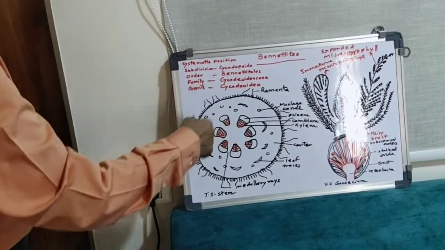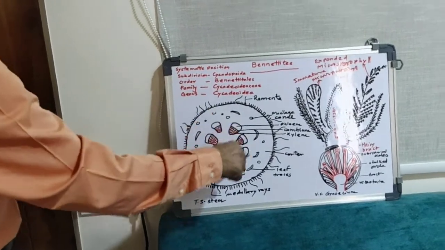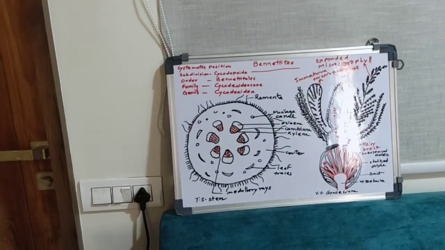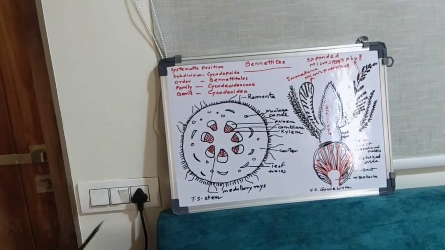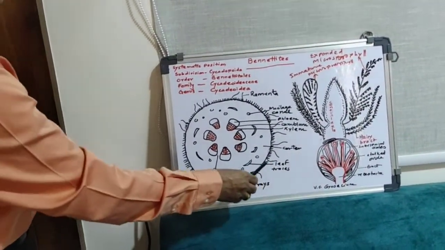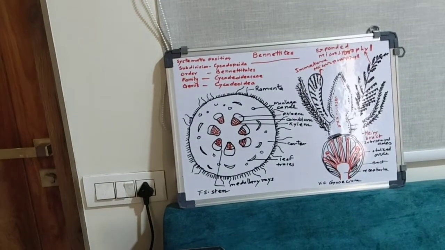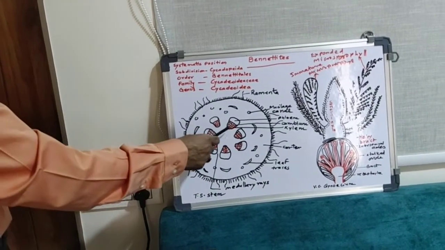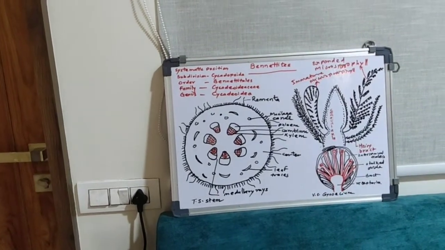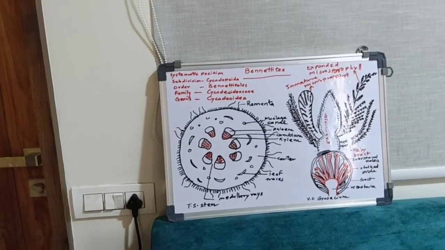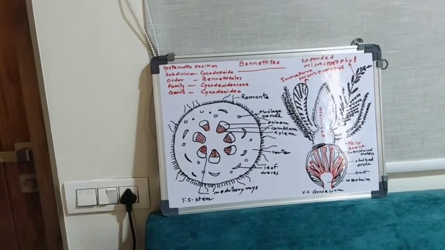In the internal portion there is a very large cortex. Inside the cortex there are mucilage canals. Then there are leaf traces, and conjoint collateral vascular bundles are present in the form of rings.